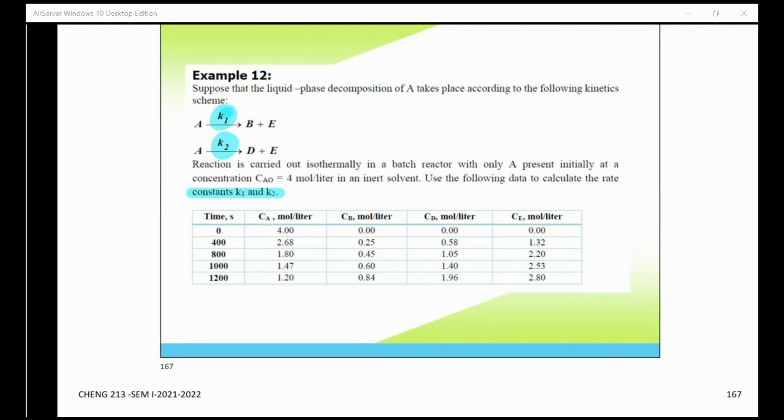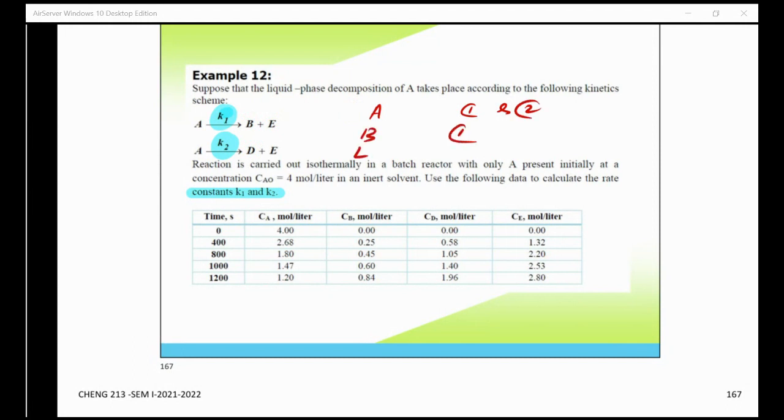But I have three products. I have B, I have E, and I have D. B is in reaction 1 only.